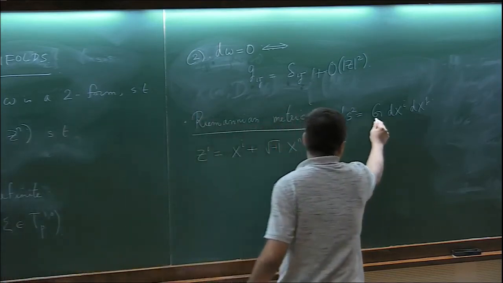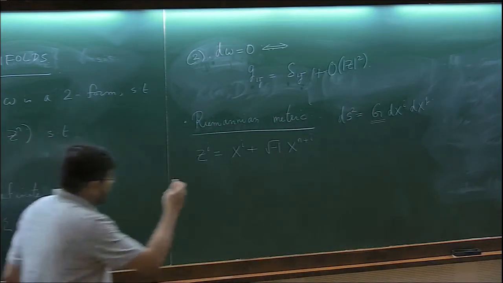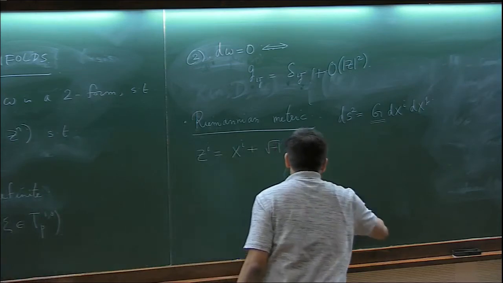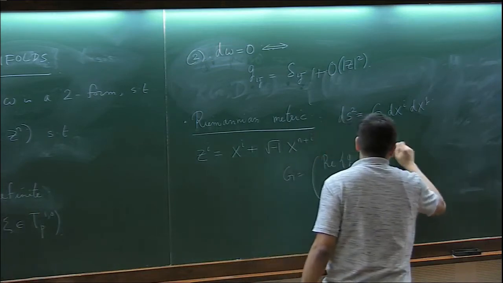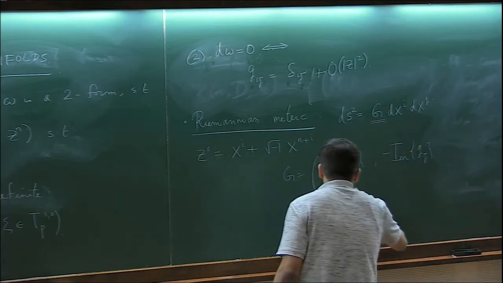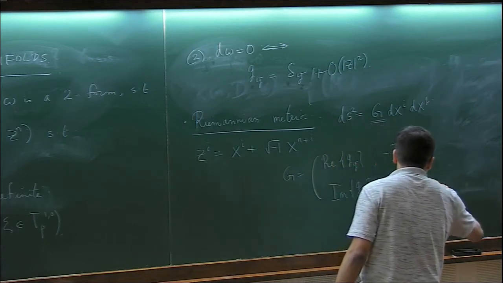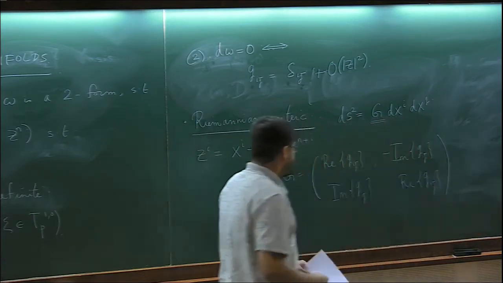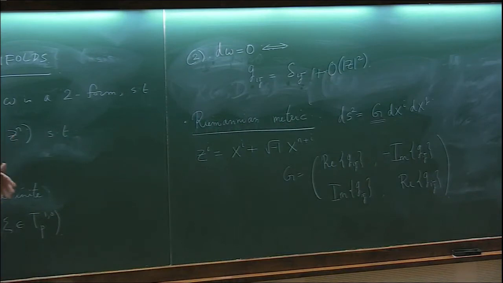Then this can be written out in terms of these g_ij bars, and if I did this calculation correctly, it should be something of this sort. Or maybe there's a minus sign here and no minus sign there. But anyway, in these special coordinates, you can write down exactly what the matrix of your Riemannian metric should look like.